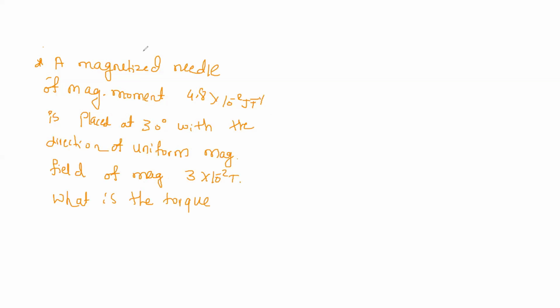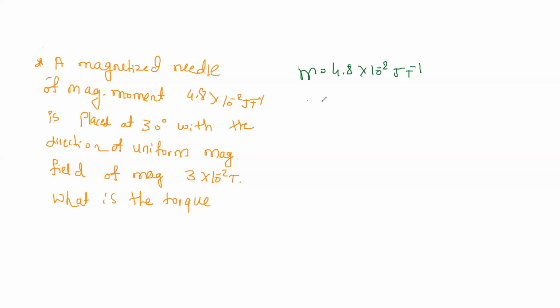So see, a magnetized needle of magnetic moment value is given here, students. The magnetic moment m value is given. It is 4.8 into 10 raised to minus 2 joules per Tesla. Next, it is placed at an angle of 30 degrees.